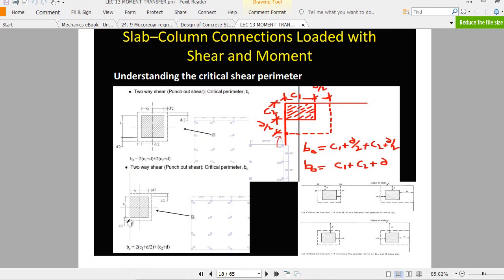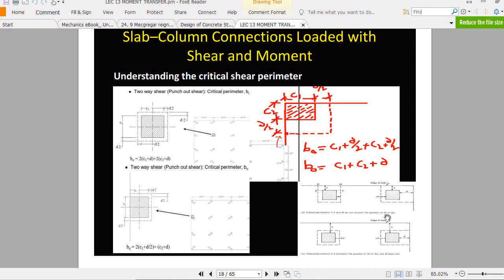Similarly, in the case of the edge column, how do we calculate b naught, and similarly in the case of the corner column. Now you must know about criteria A and B. I already explained this in lecture number 11, so go there and watch what these criteria mean when you have to count R, S and WV.